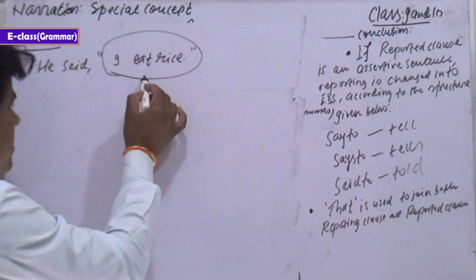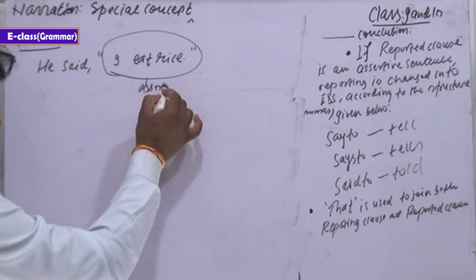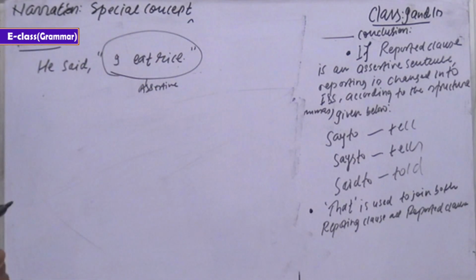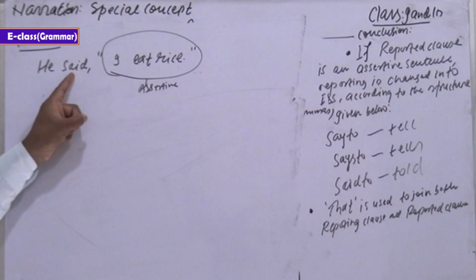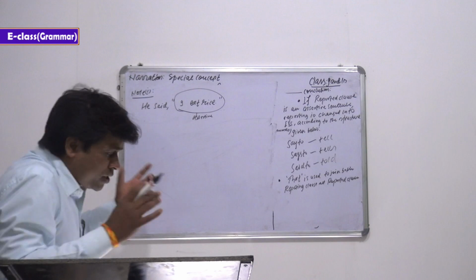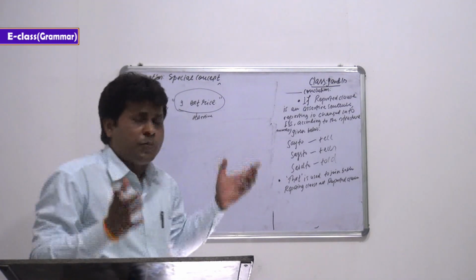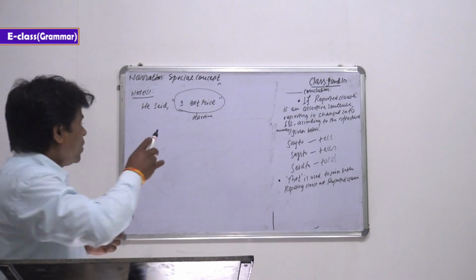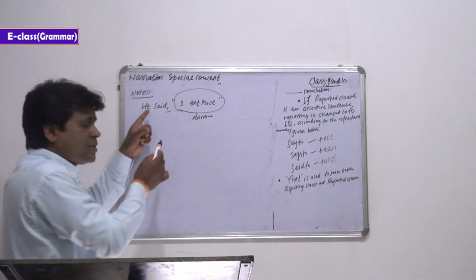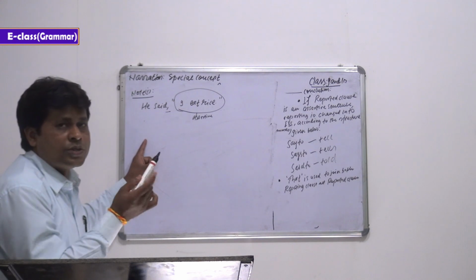Assertive sentence, yes. So, will this reporting verb be changed into told here? We will not change this into told here. A reporting verb without an object remains the same. No need to change.